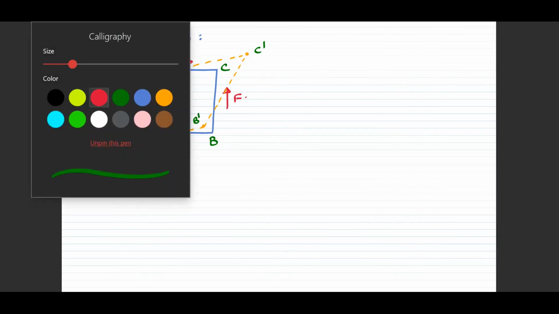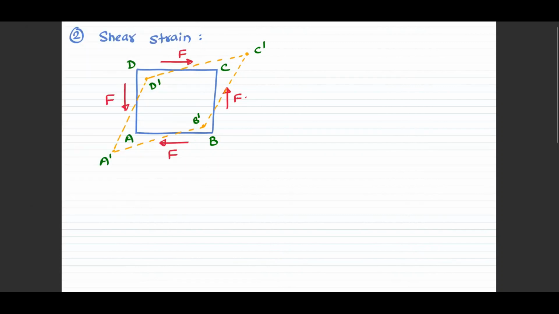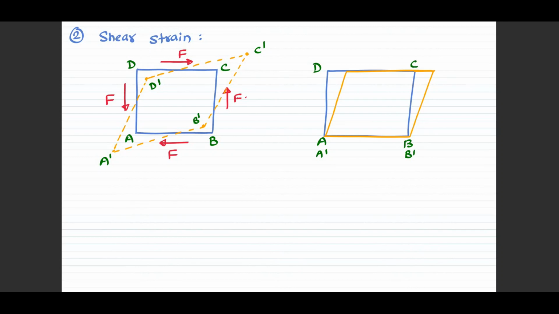Okay, fine. Now, if I arrange or rotate this A dash, B dash such that it coincides with AB, B, B dash, right?